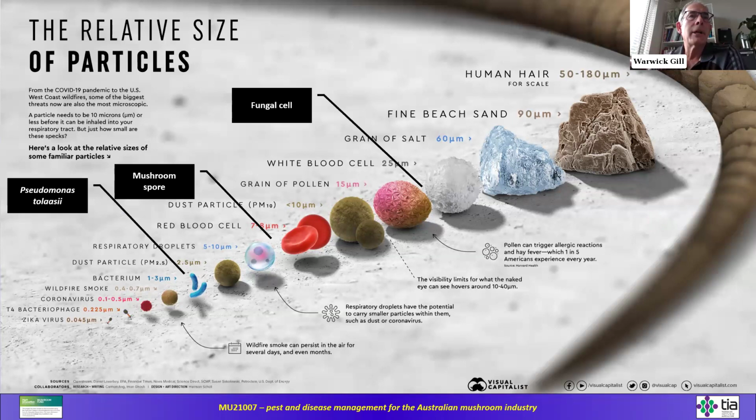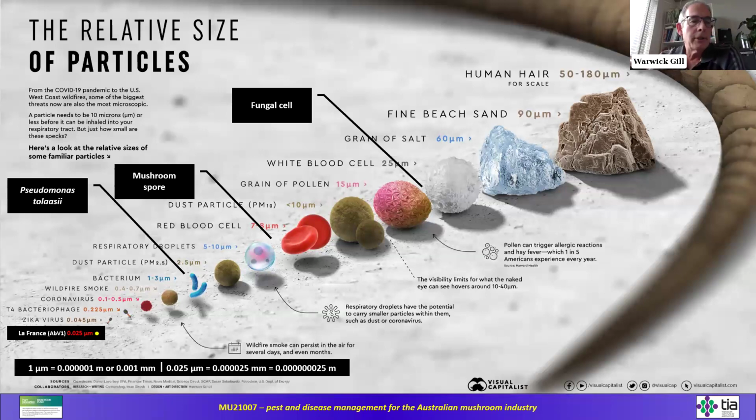Bacteria are further down the scale, and our virus is way down the bottom there, and you'll see that it's 0.025 microns, a micron being one millionth of a meter. So the La France virus, the LIV, which I showed in a previous photograph, is very, very small, 0.0000025 millimeters. That's why we can't see these things.